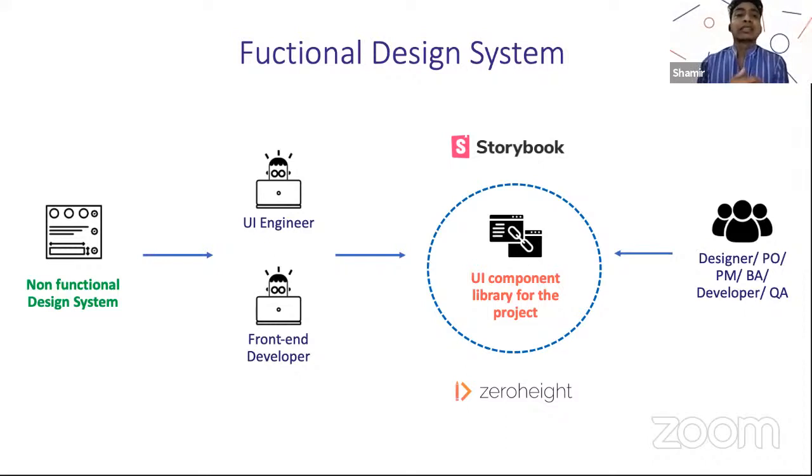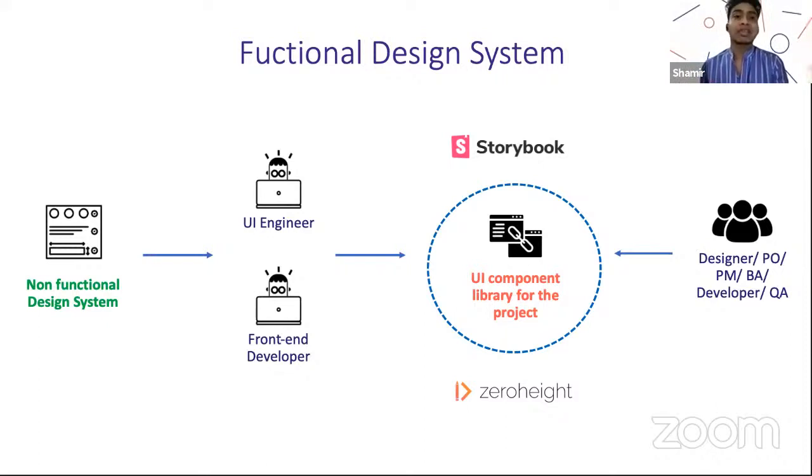Once these UI engineers, the designers, front-end developers, and the developers come together and put this design system together, it's actually a functional design system where anyone who wants to look at it, for example, how the button states work, how the hover works, how the disabled state works, how the accordion works, and if the accordion is disabled, how it should work. All this can be mentioned and parked within this functional design system.